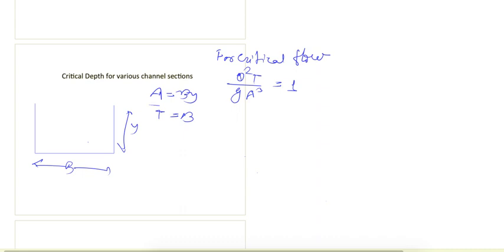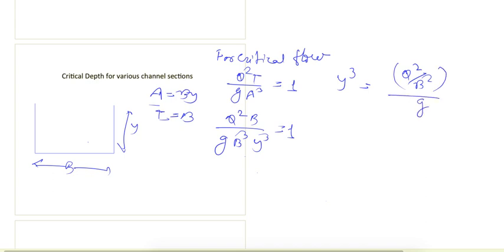If we put the value of area and top width here, Q square b divided by g b cube y cube is equal to 1. If we rearrange this, I can write it as y cube is equal to q square upon g, where q is Q upon b, the unit discharge, which is discharge per unit width. So y here is equal to (q square upon g) to the power 1 by 3.